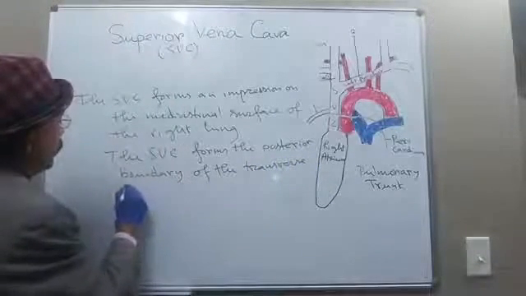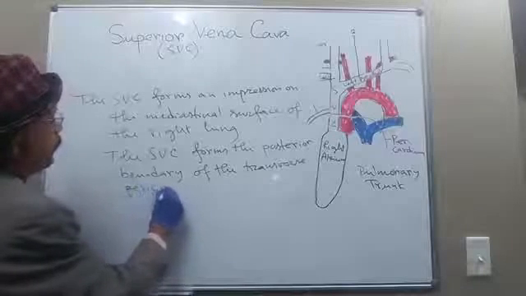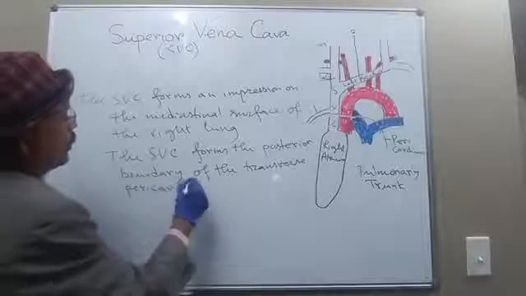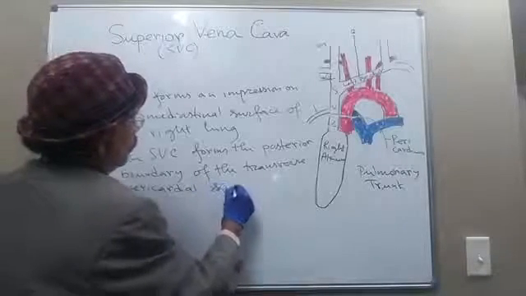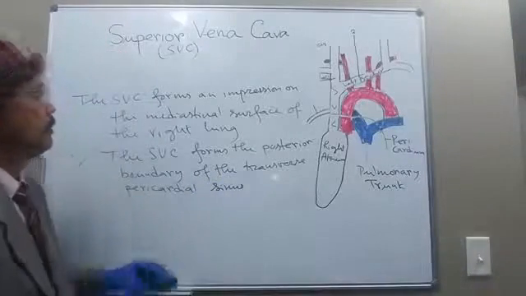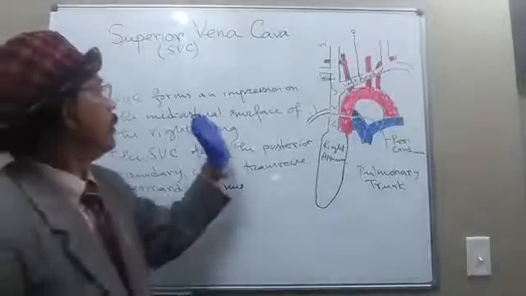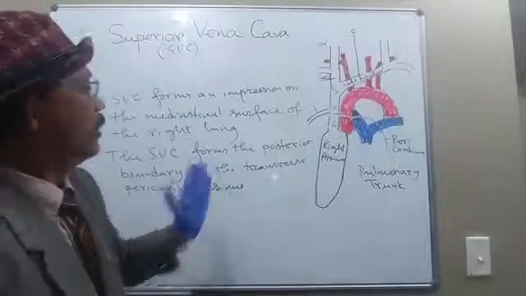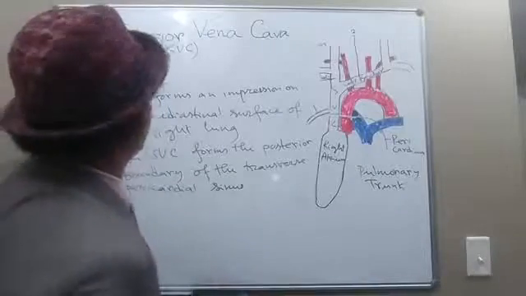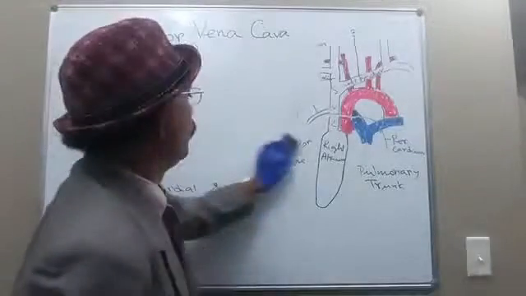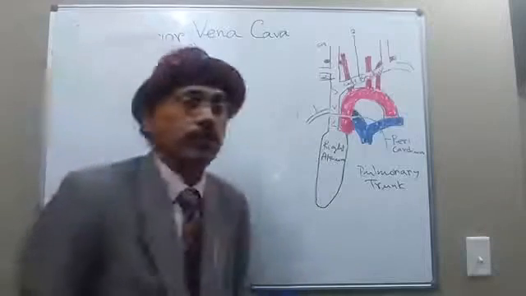Okay, transverse pericardial sinus. We got the impression, we got the boundary of the transverse pericardial sinus. Okay, we got that. We got the tributaries.